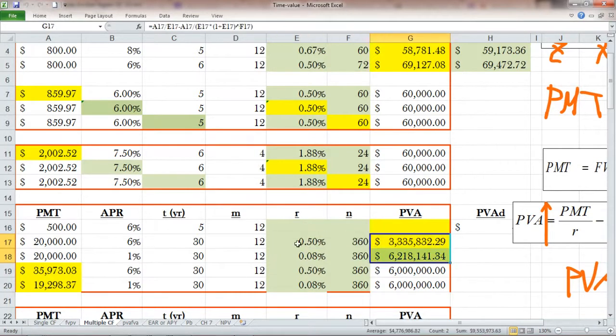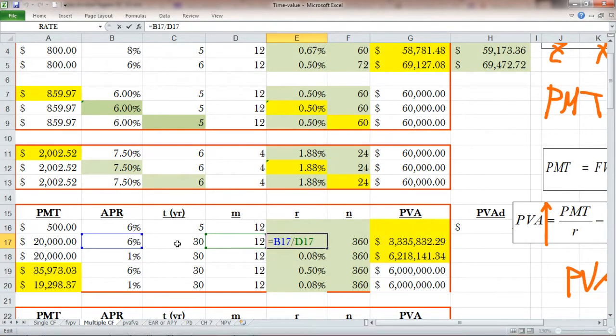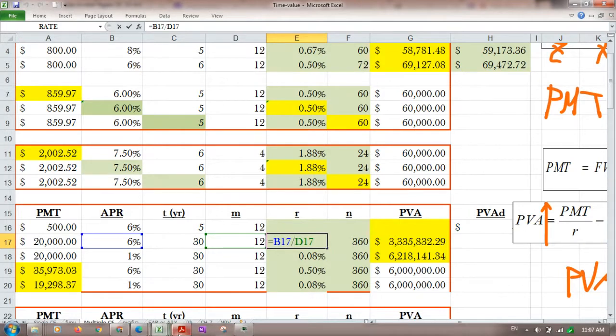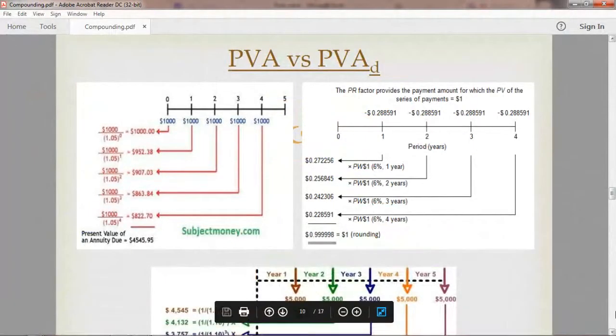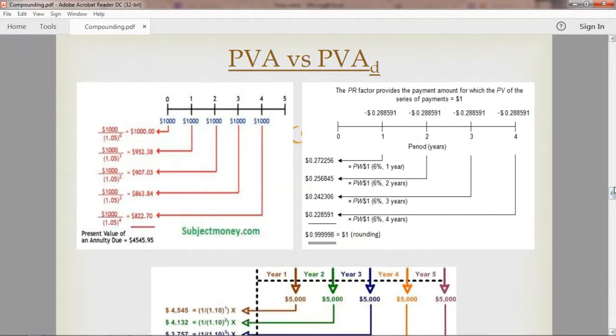Of course, you need to open this Excel file. Now, if there is a future value of annuities, of course, then there should be a present value of annuities.